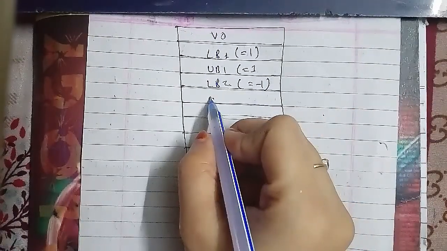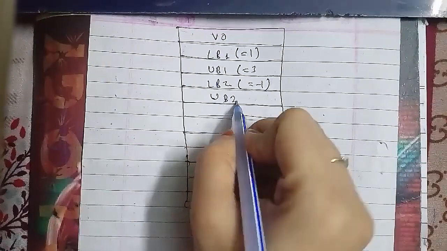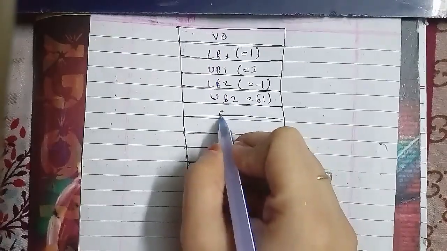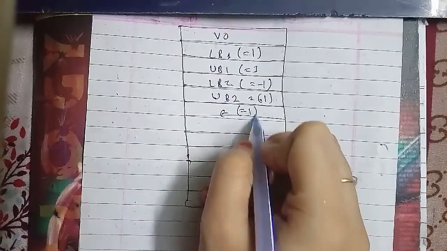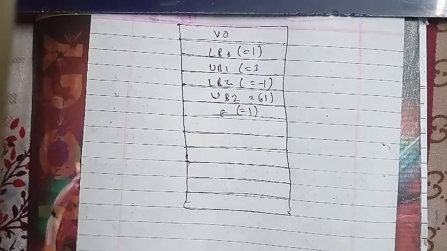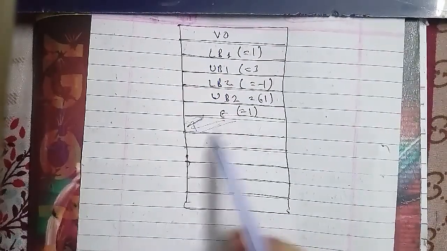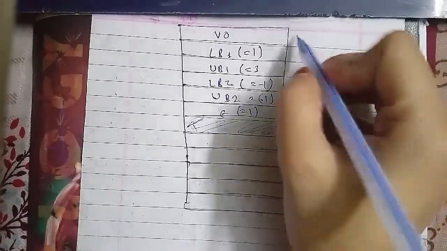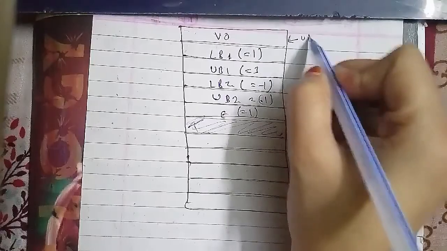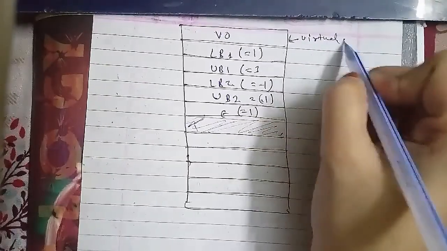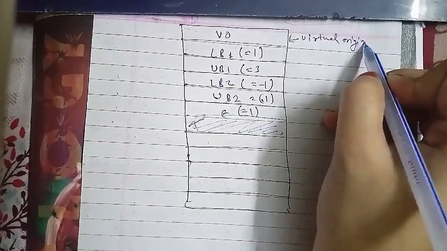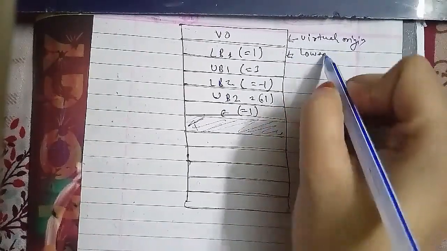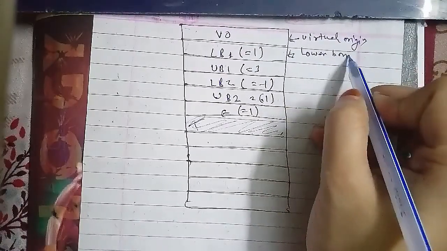This I will be representing, and in terms of it, this is your virtual origin. Then we have your lower bound on subscript 1. Then we have upper bound on subscript 1.